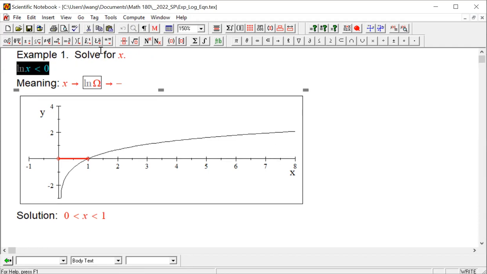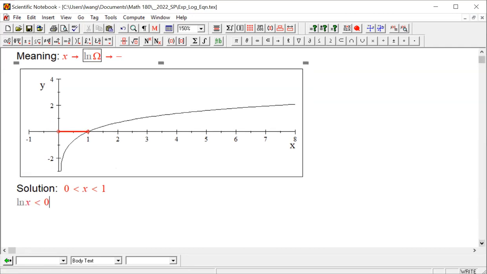Algebraically, you can do it this way. 0 is equal to ln 1, and ln x is an increasing function.